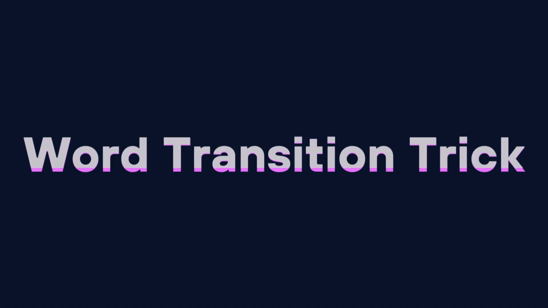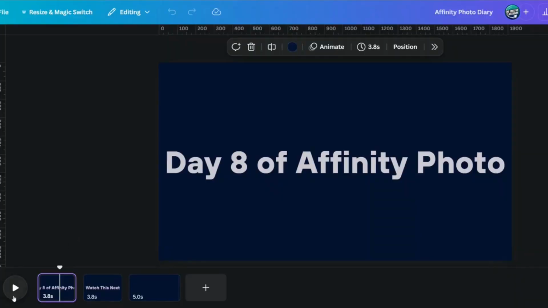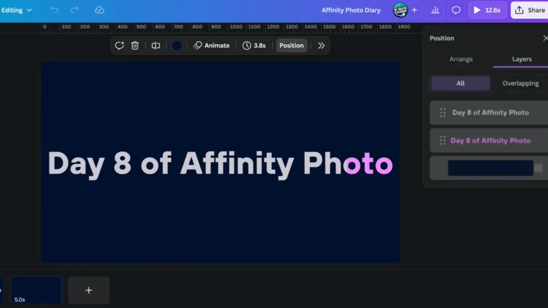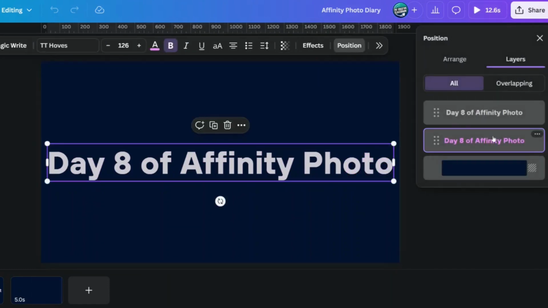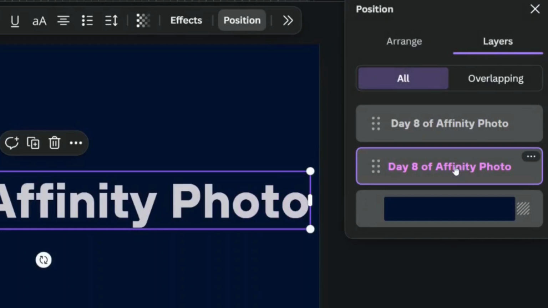The problem with word transitions is this, and I'm going to show you a real example. For this word transition, I've got it set so that one color wipes over the other. So it says it's day 8 of Affinity Photo. If we look at my layers panel, you're going to notice that I've got it there twice. One in this pinky hue and one in this whitish hue.